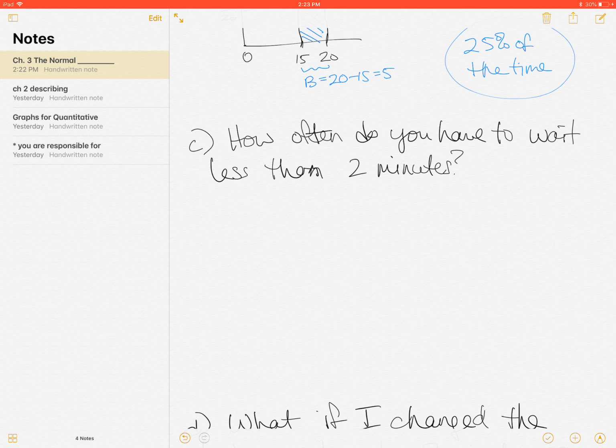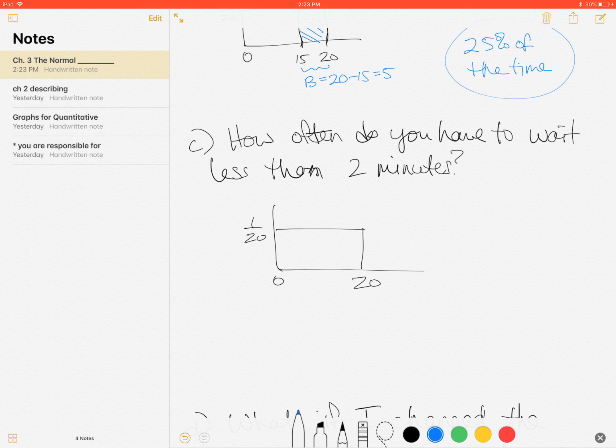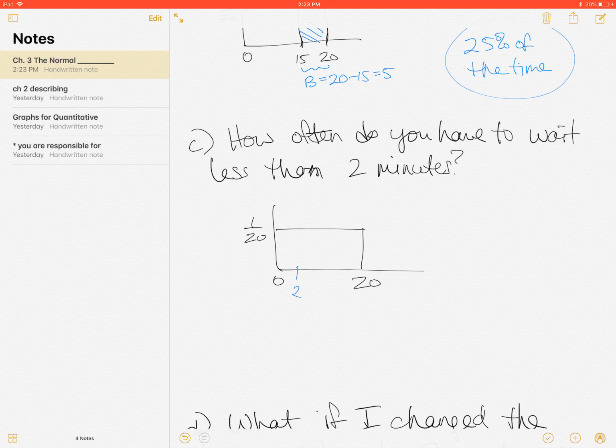So for C, how often do you have to wait less than 2 minutes? Well, let's do basically the same thing. We're going to draw a real quick version of our picture. But now we're looking for 2, and 2 is somewhere over here. It doesn't matter where we put it because we are just using this to get an idea.